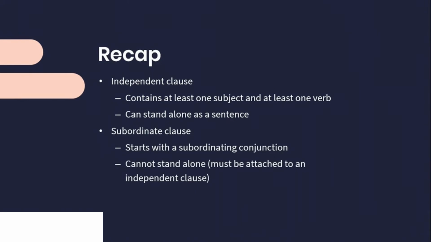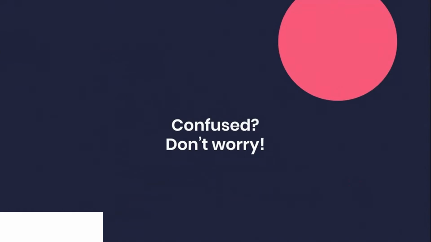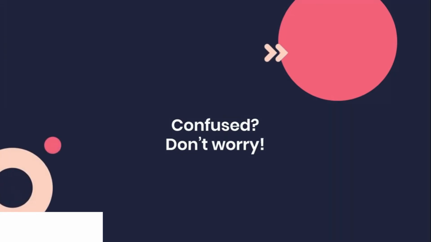It must be attached to an independent clause. And when you attach a subordinate clause to an independent clause, you have a complex sentence. Now, these are all really big words, and this information will only really start to sink in once we discuss all the different types of sentences.